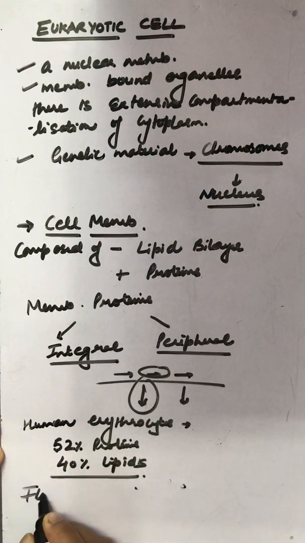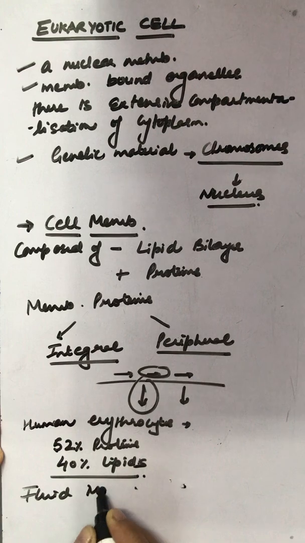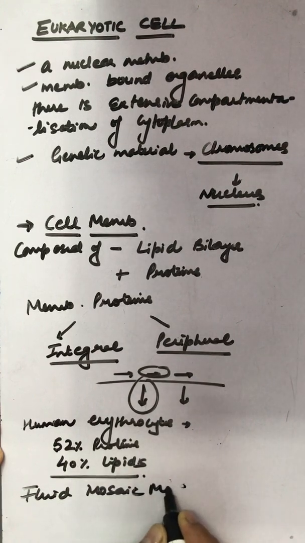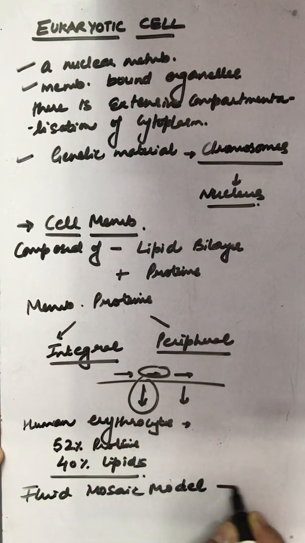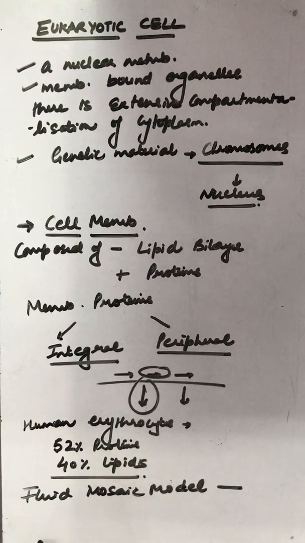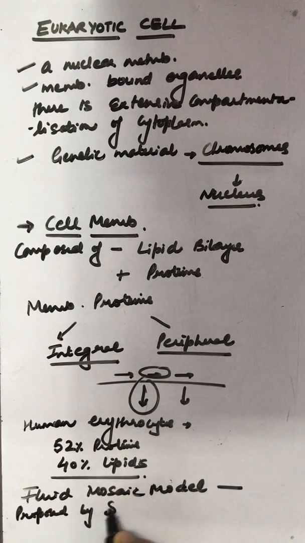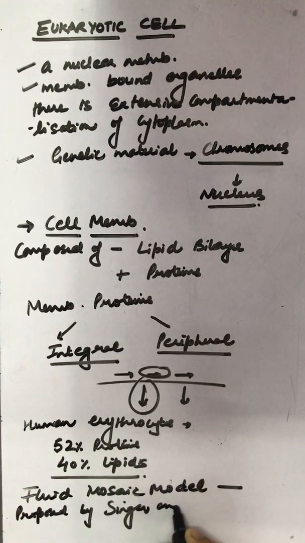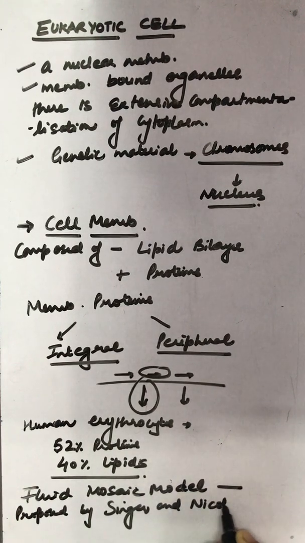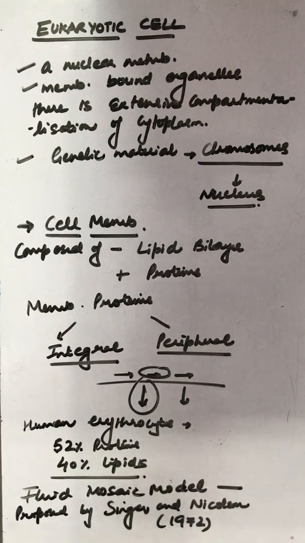We call it fluid mosaic model, proposed by Singer and Nicholson in the year 1972. This is the only widely accepted model that we are going to discuss.